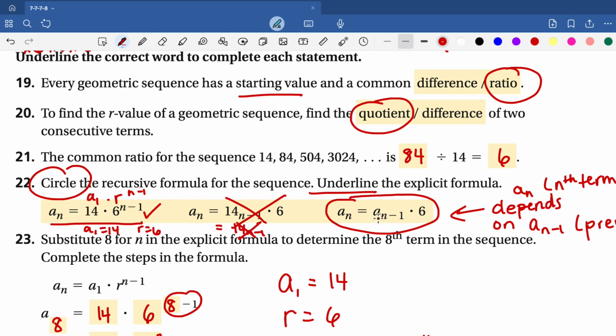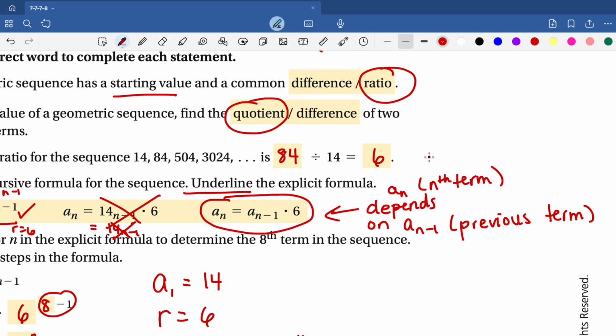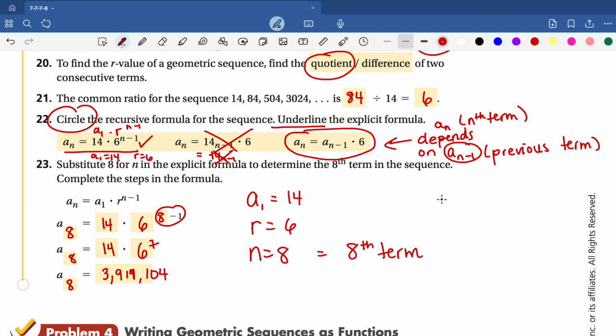And a sub n is equal to your previous term times your common ratio. So if you see this setup and you notice that the previous term, written as a sub n minus 1, is in the equation, you know that's going to be recursive. So let that be a signal for you, okay?